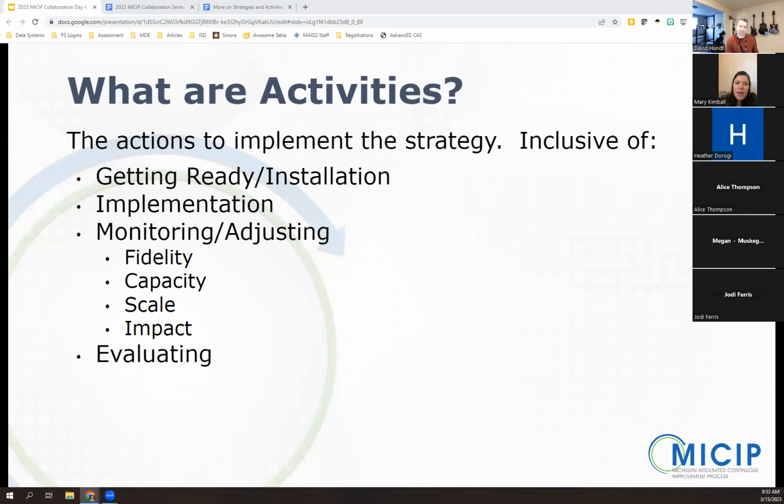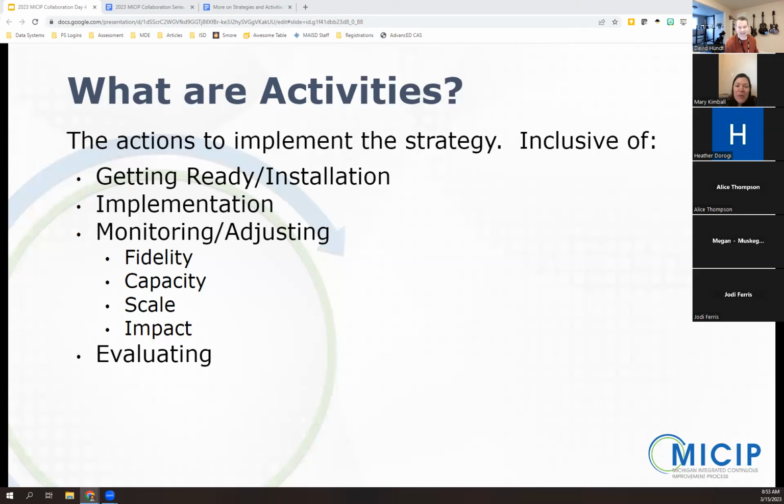So if a staff or a family survey is the strategy, the activity needs to be the breakdown steps. I would explain this to high school kids, like think about the outline. We know where we're going, but now we need to know how we're getting there, who's driving and who's not backseat driving, etc.